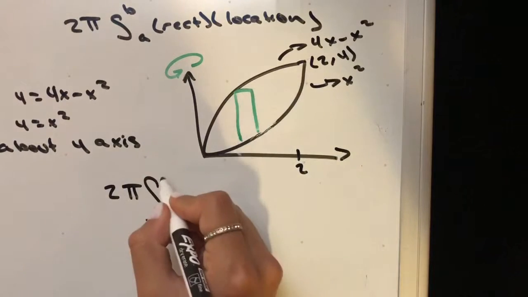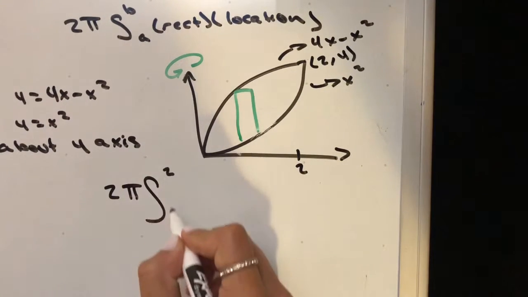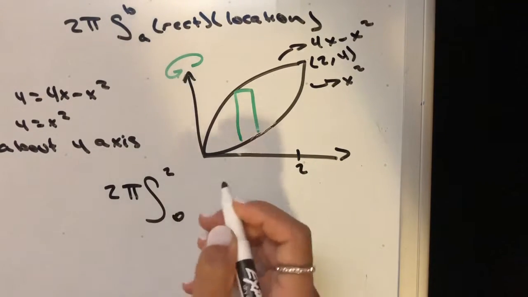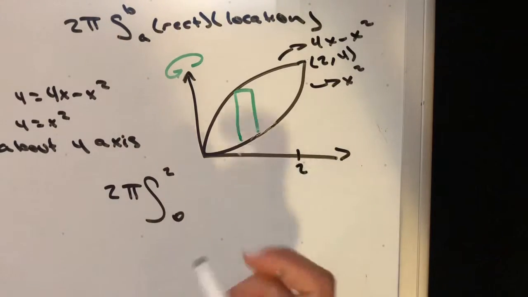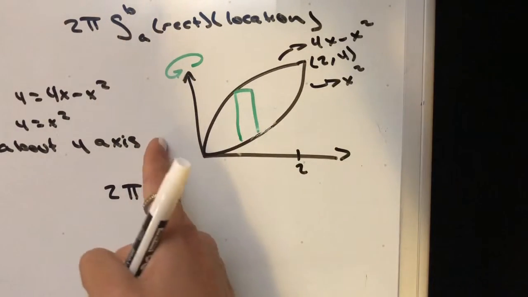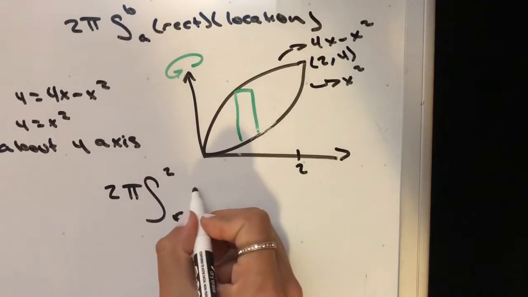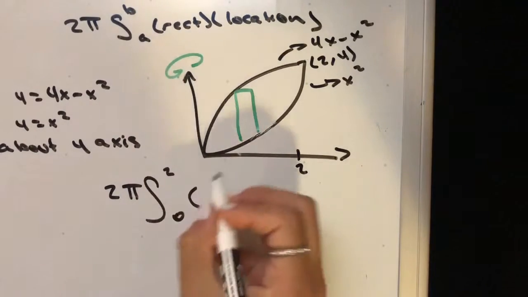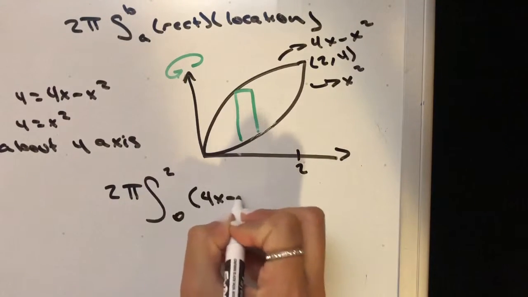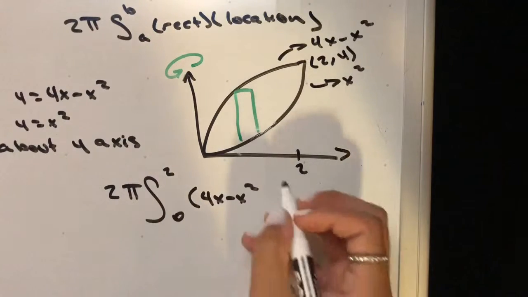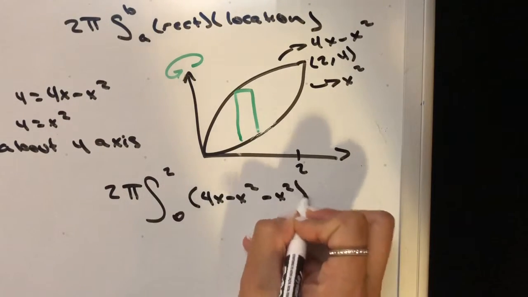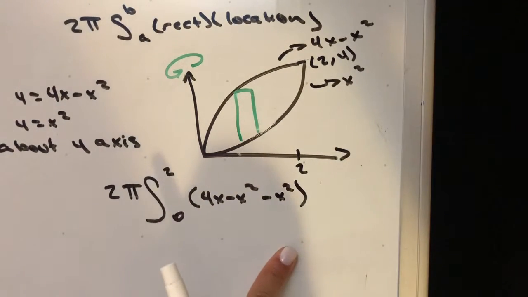So our bounds are going to be 2 and 0. And then we're going to subtract the bottom curve from the top curve and multiply by the location. So the top curve is 4x minus x squared, and then we're going to subtract x squared, and then we're going to be multiplying by location.